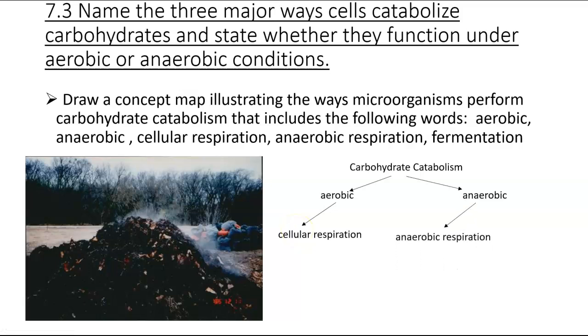But some bacteria can do it anaerobically. There are bacteria that do not use oxygen in any way, and in fact, oxygen is toxic to them. They're considered anaerobes, and their metabolism is based on a metabolic pathway called anaerobic respiration. There's another way some microorganisms can break down carbohydrates anaerobically, and that is fermentation. I know you've heard of fermentation.